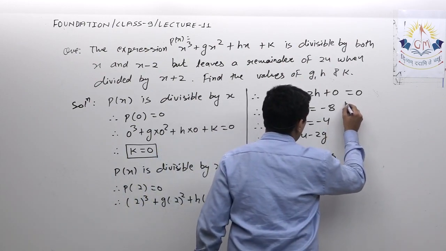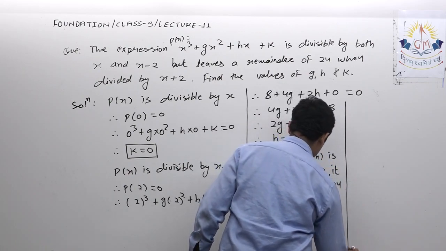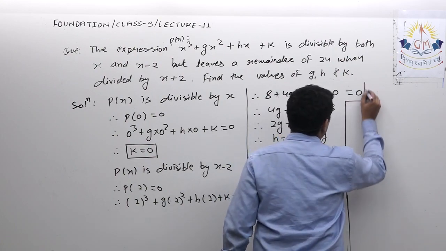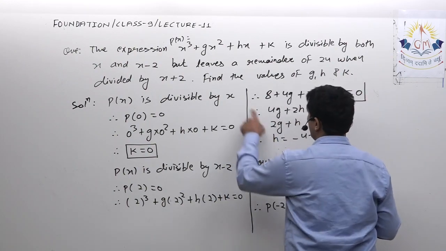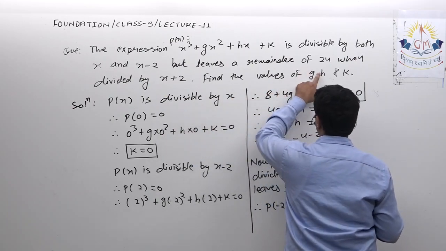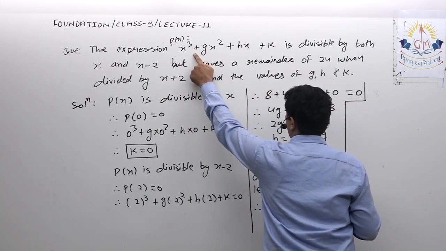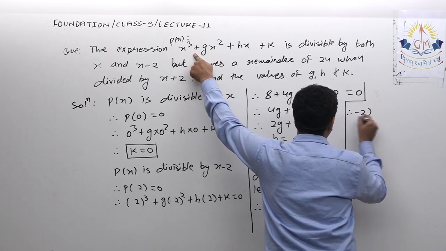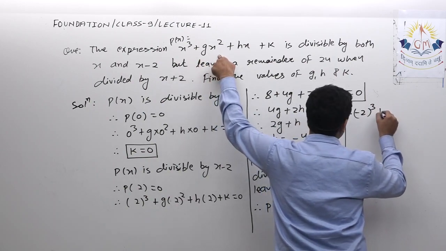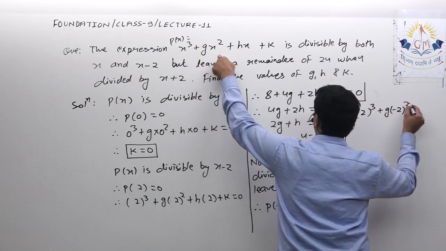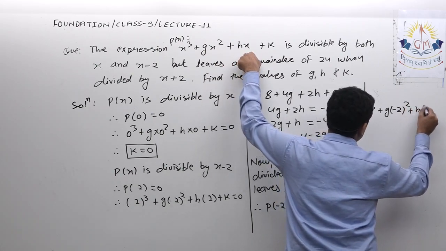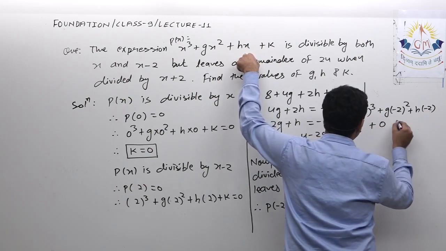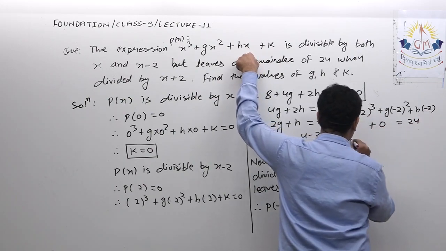This gives me a relation, that is p of minus 2 is equal to 24. Over here I have to put the value of x. Therefore minus 2 cube plus g into minus 2 square plus h into minus 2 plus 0 is equal to 24.